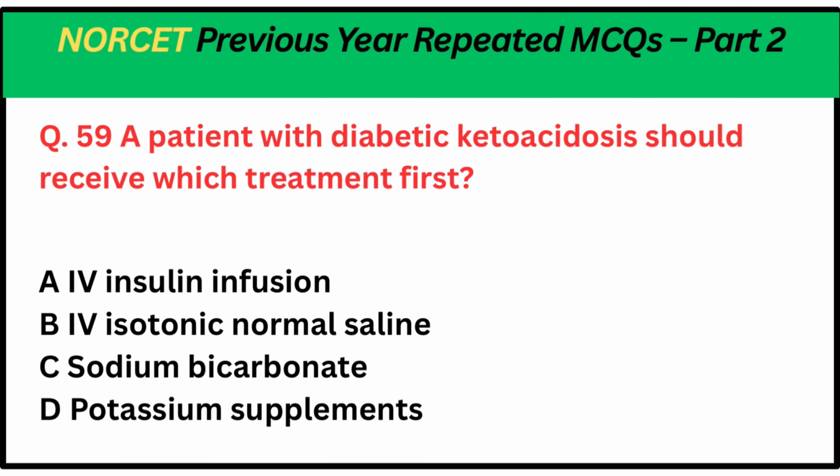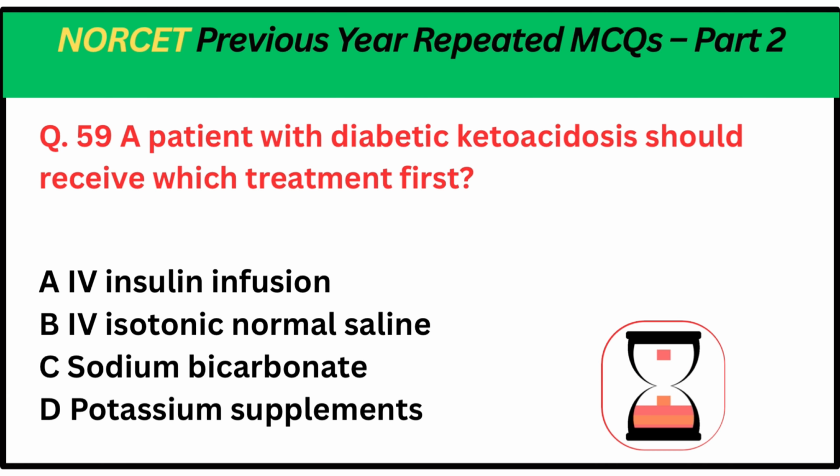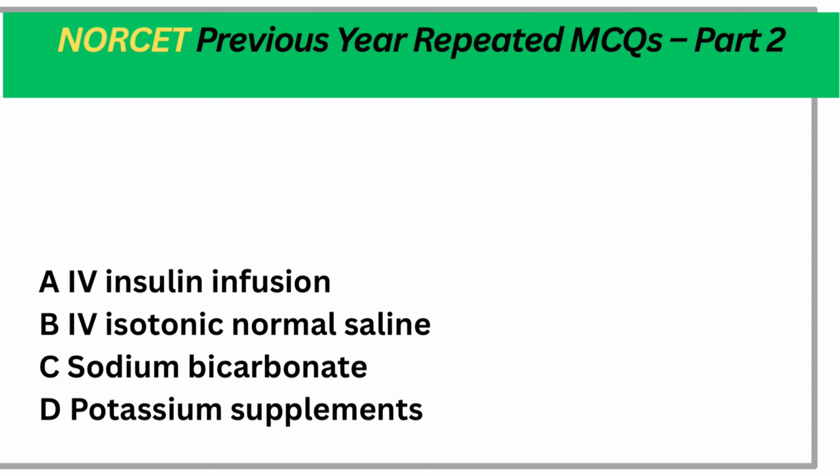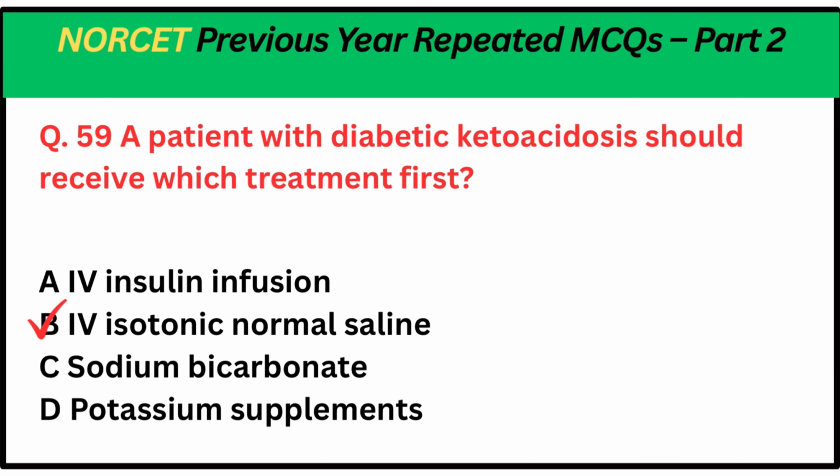A patient with diabetic ketoacidosis should receive which treatment first? Your correct option is option B, IV isotonic normal saline. Moving to the next question, question number 60.